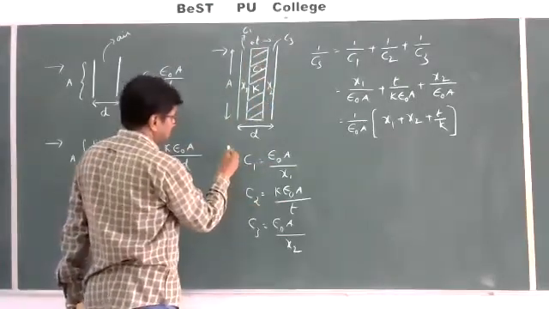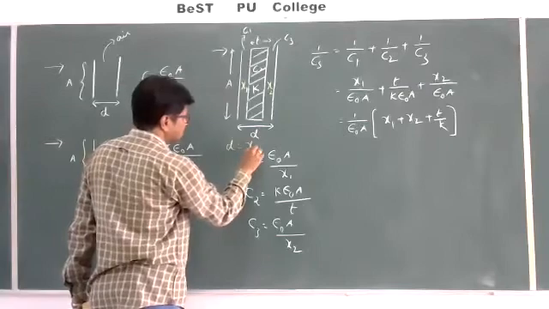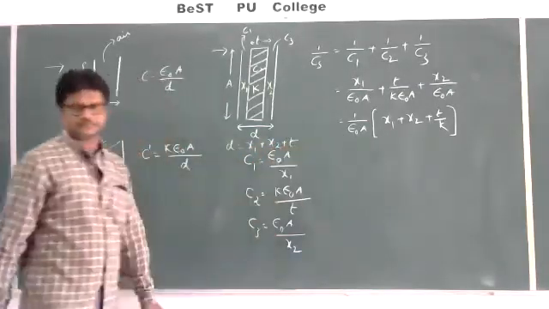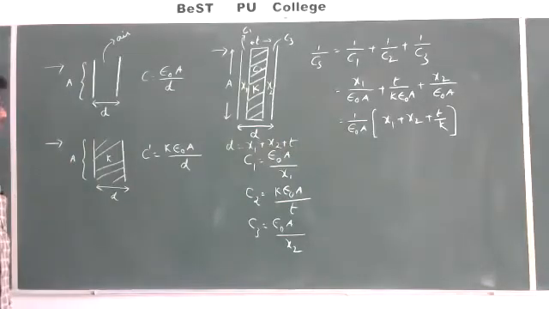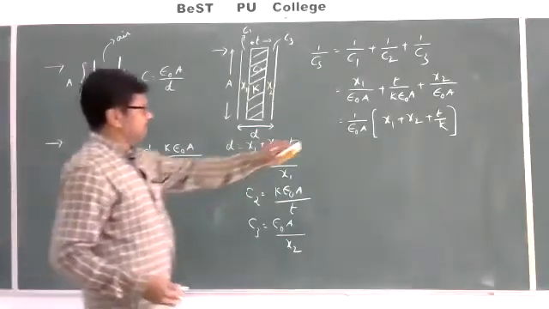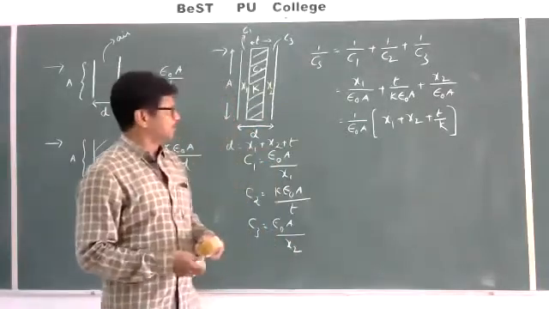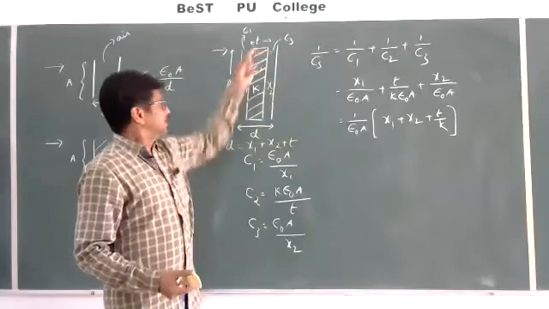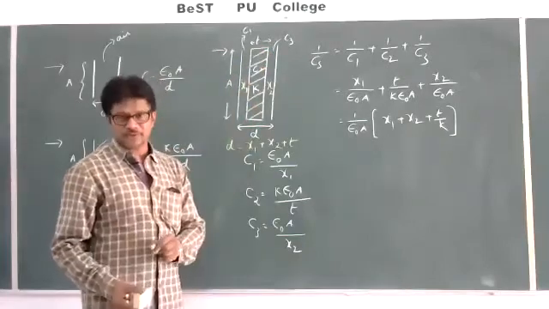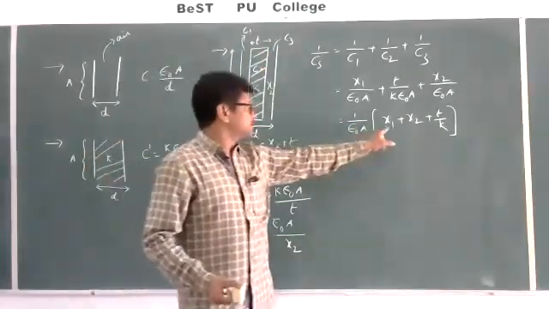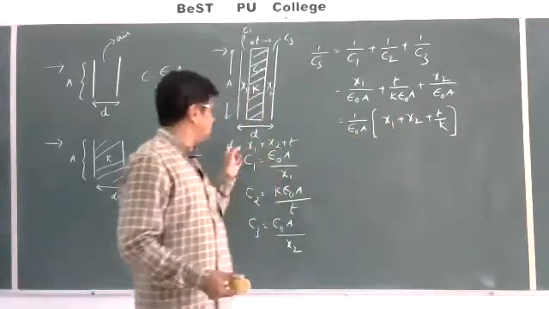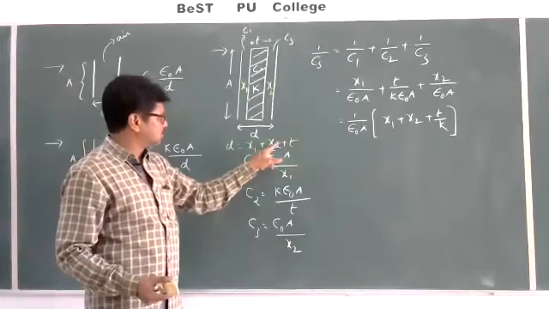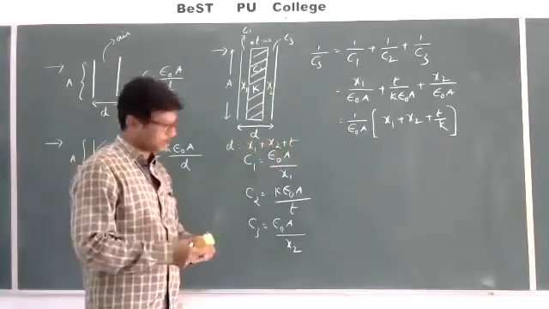So D is equal to x1 plus x2 plus T. Now, in the problem he will give only the D value and T value. He will not give the x1 and x2 values. That's why I am converting x1 and x2 in terms of D and T. From here I can write x1 plus x2 is equal to D minus T.